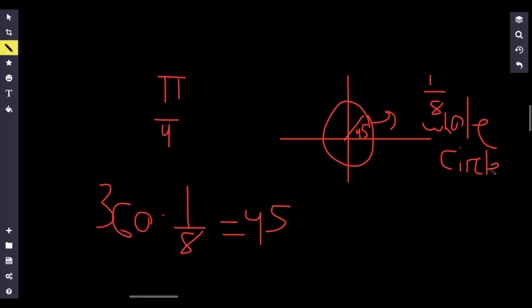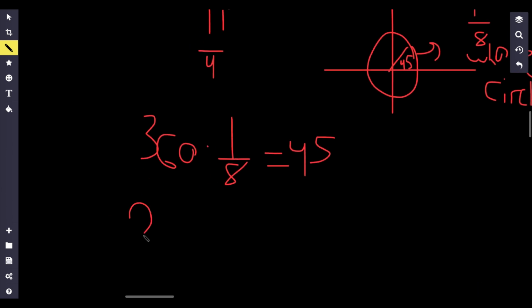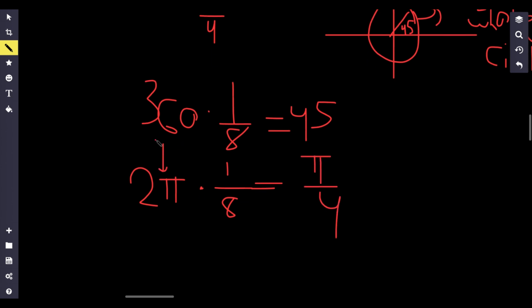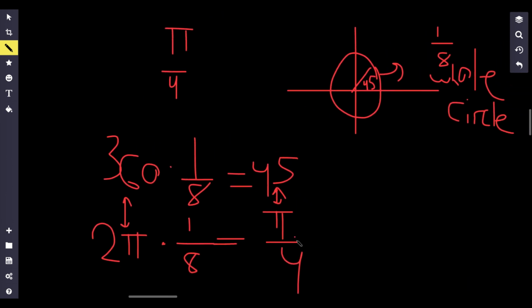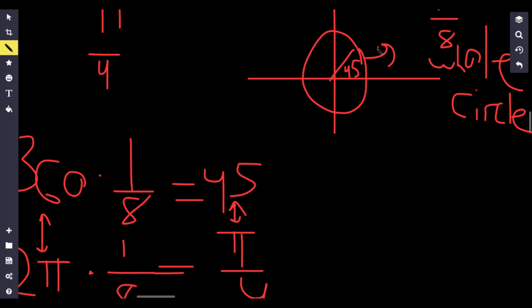Now, if I multiply 2 pi times 1/8, I'm going to get pi over 4. Now, I know that 360 degrees and 2 pi are equal to each other, meaning that the resulting answers have to be equal to each other, right? So 45 degrees is equal to pi over 4. So this is also going to be equal to pi over 4.